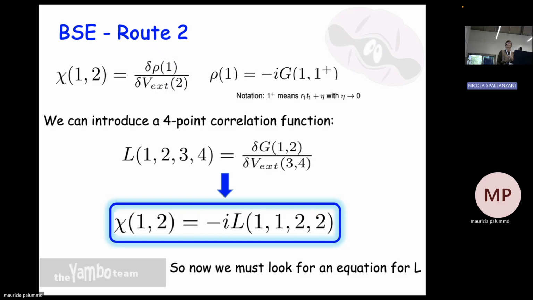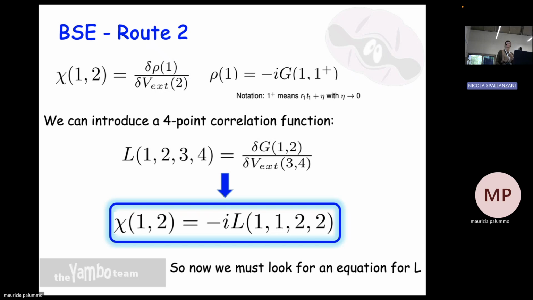But in the many-body Green function approach, we also know that the density is defined in terms of the Green function in this way. So what I will do now is define a four-point correlation function, which is a generalization of this equation with four points in space and time.